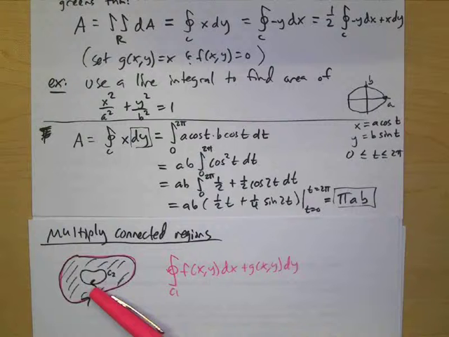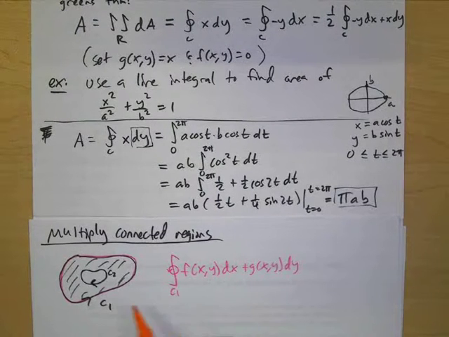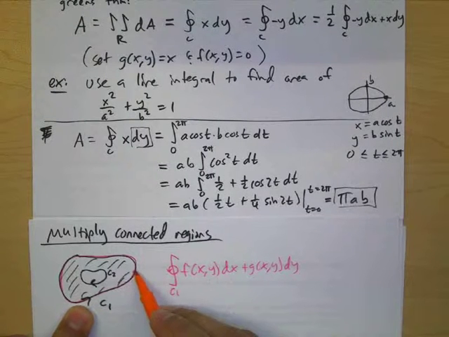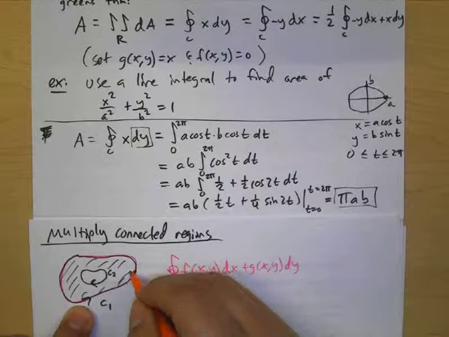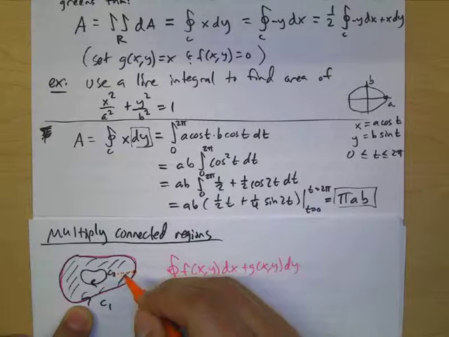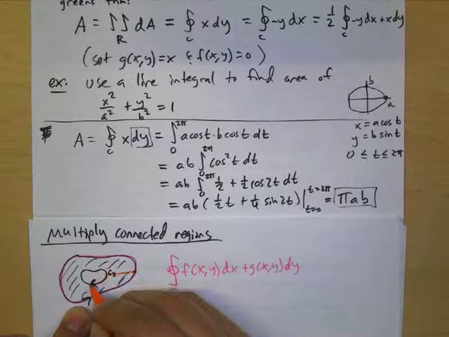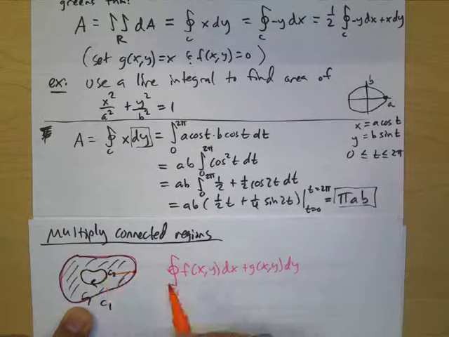But now if we want to traverse both paths, it's really arbitrary, it's not going to matter. So let's say I start here, and then once I get over to this point, I decide I want to get to C2 and take care of going around C2 once. Then I follow the orientation, I come back to where I started.